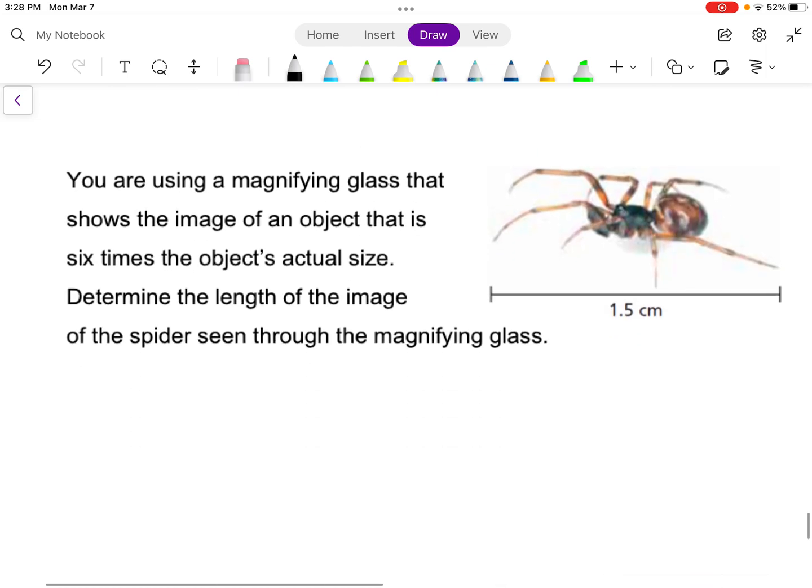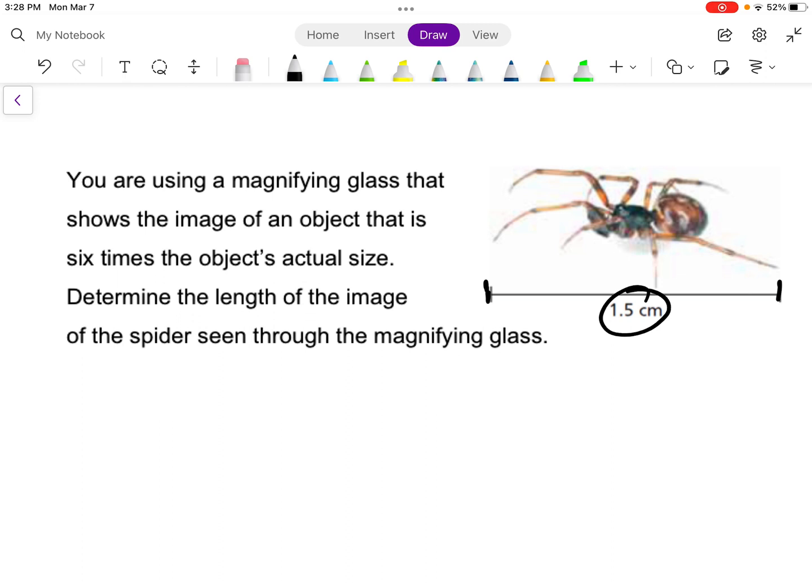Let's do this one. It says you're using a magnifying glass that shows the image of an object that is 6 times the object's actual size. Determine the length of the image of the spider you see through the magnifying glass. So the original one is 1.5 centimeters.